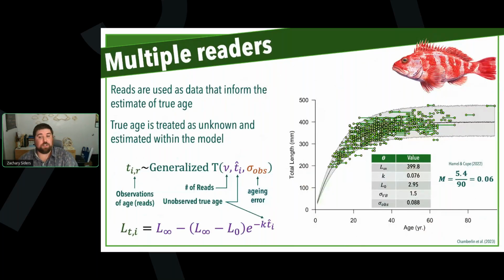So, to close this one out, we have our multiple readers here, and we can pass that information forward. Not shown here is that we've separated that error out. So when we get those parameter estimates out, we've dealt with that observation process, and then we can use that forward. In the case of our black bellies here, they're growing pretty slowly, and their natural mortality is very low.